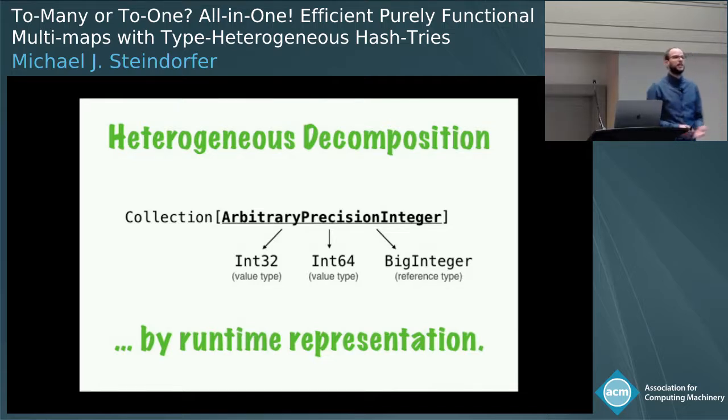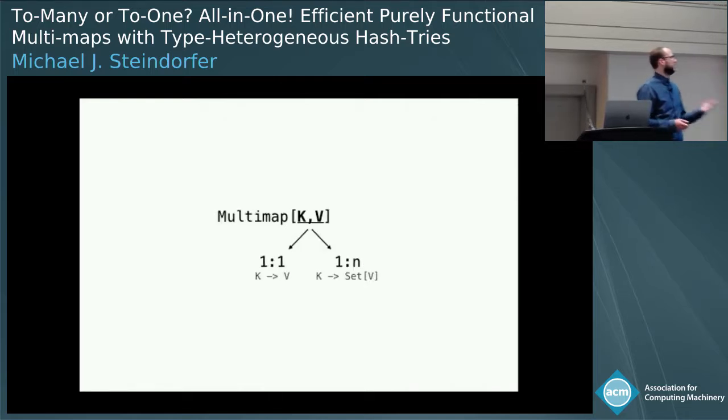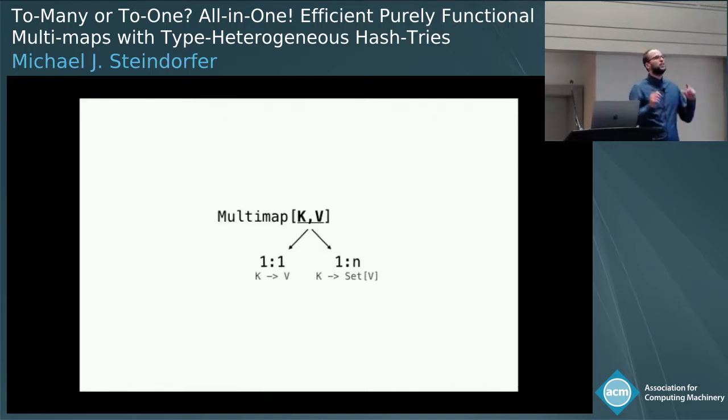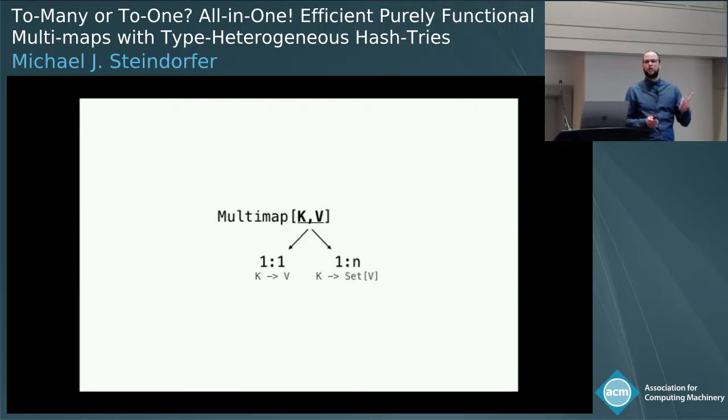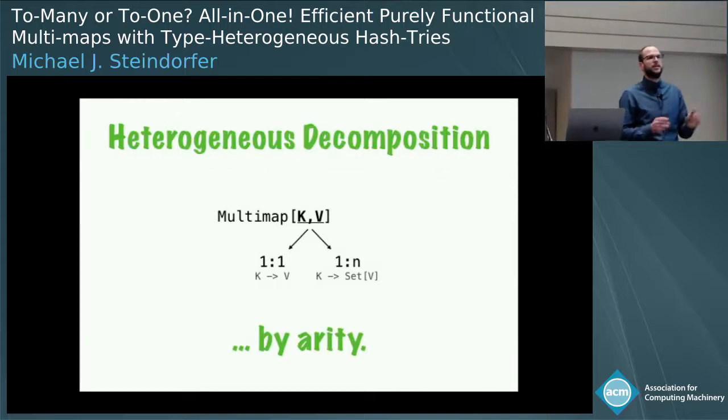Another one is, let's assume we have a multimap with just generic type arguments K and V, but we could do something internally in order to optimize by the arity of the tuples we have. So let's assume we have just mappings that are unique from key to value. We might not need to allocate a nested set. We can store the value inline. But if the arity is bigger, we have 2, 3, 4 values associated with a key, then we need to handle that specifically.